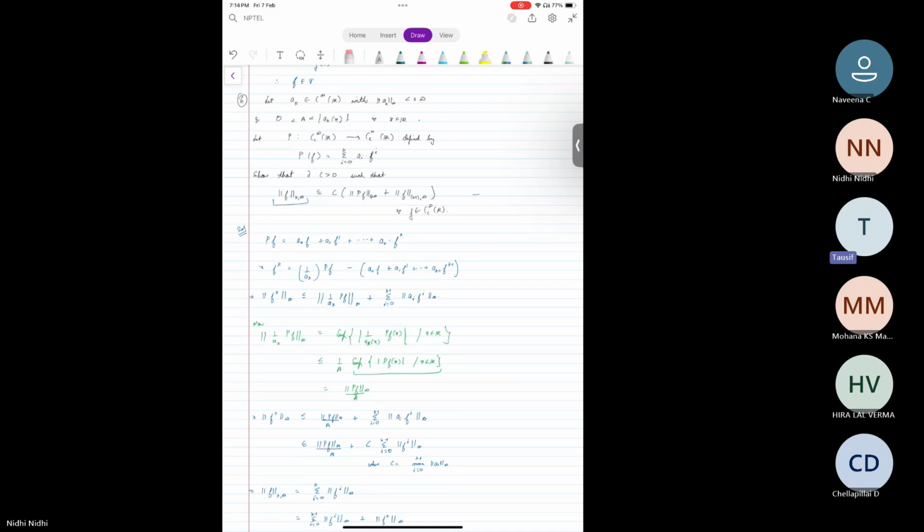Is it like that? Because this is the k minus 1 infinity norm, we can take this on the left hand side. But that constant will anyway give us the equivalence. Maybe we can say that.